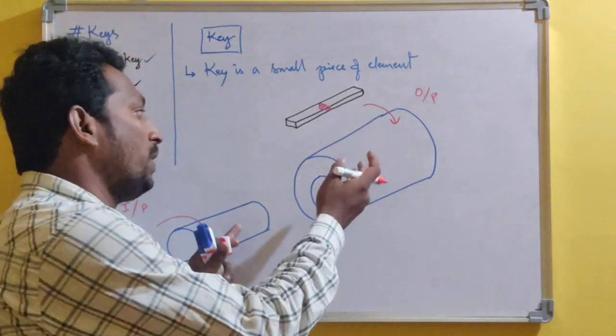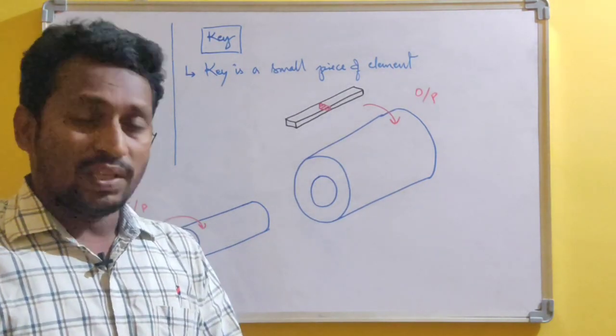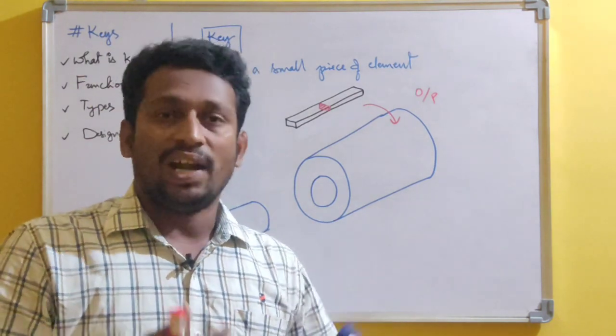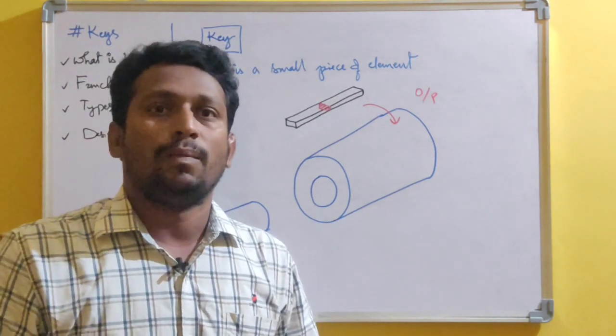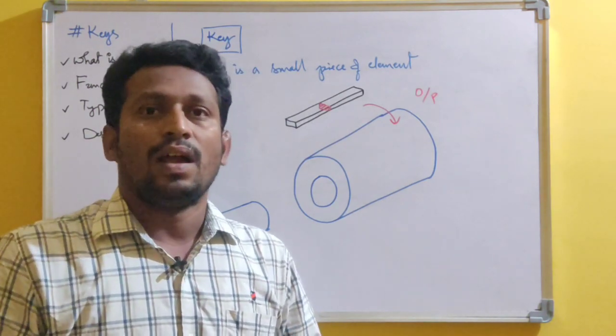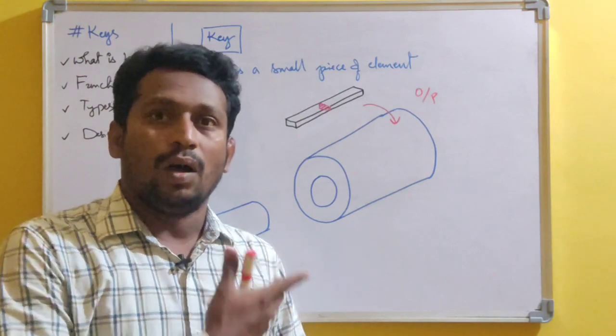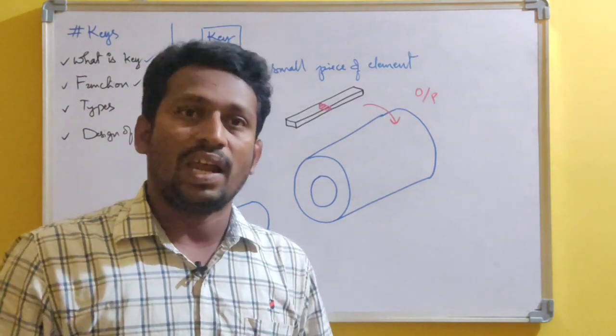The joint between these two shafts may use different kinds of joining methods, as we have already seen in the previous lectures, such as the welding process, cotter joint, and another kind of joint, the knuckle joint.